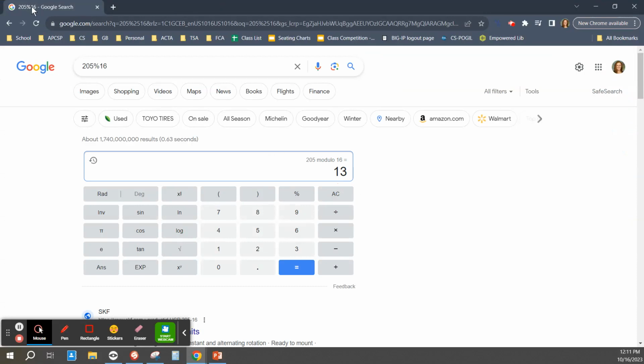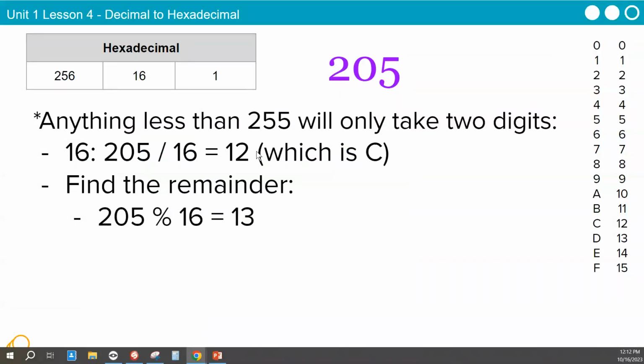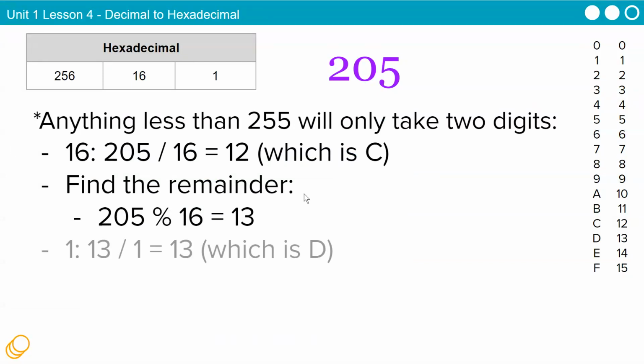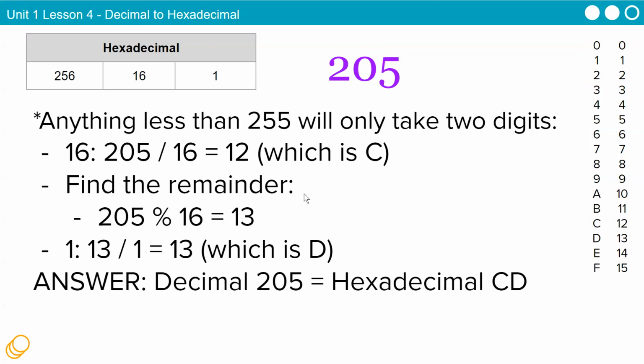So that means when I have taken out 12 16s, only 13 is left. Okay, so what value lines up with 13? D. So I know that my hexadecimal equivalent of the decimal 205 is CD.